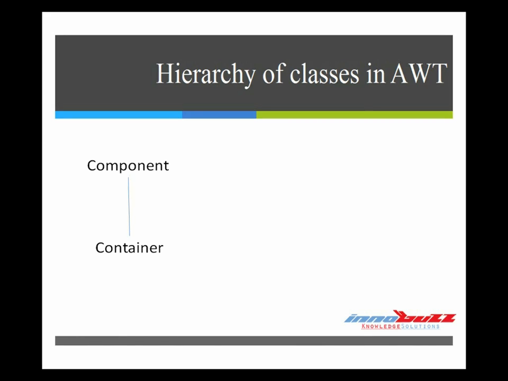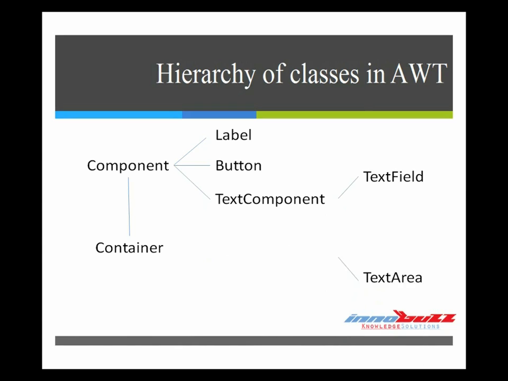The subclasses of component are the label for showing text, the button that creates a labeled button, the text component, which is extended by the text field and the text area. These are used for editing text. The checkbox that can be in two states, on and off, so it can be checked or unchecked.